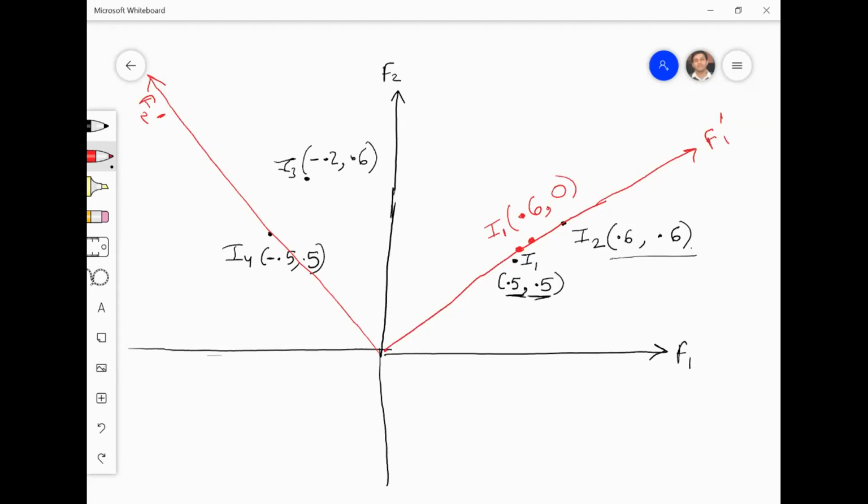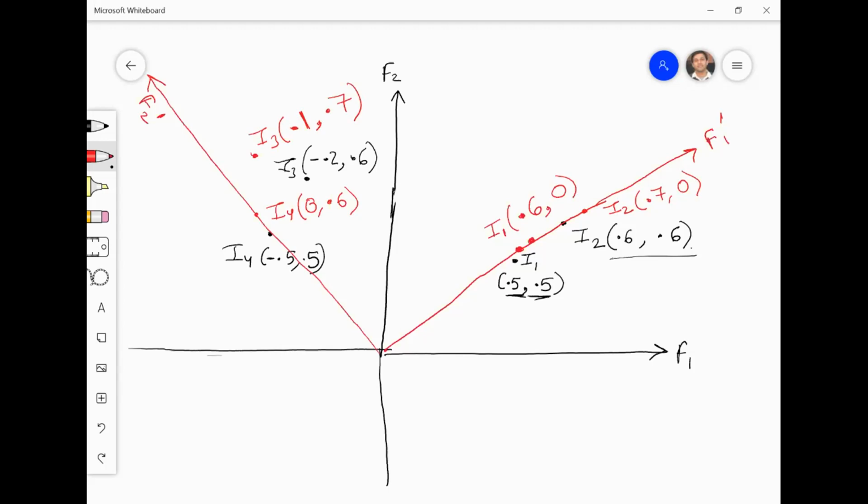Similarly, I2 increases a little bit. I4 has become 0, comma 0.6, and let's say I3 has transformed a little and it has become plus 0.1, comma 0.7.